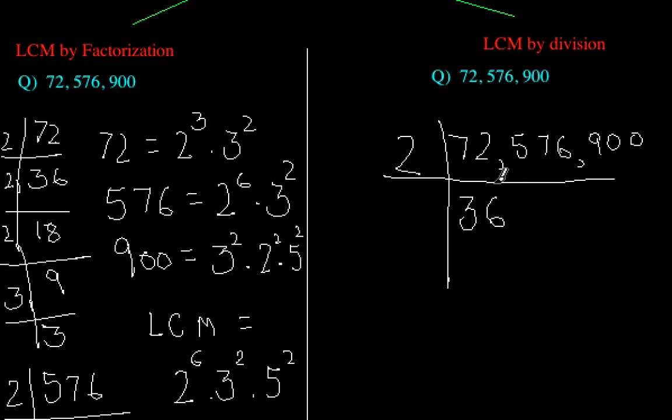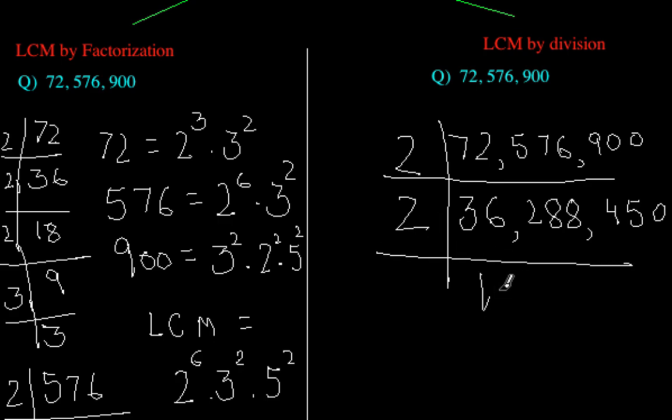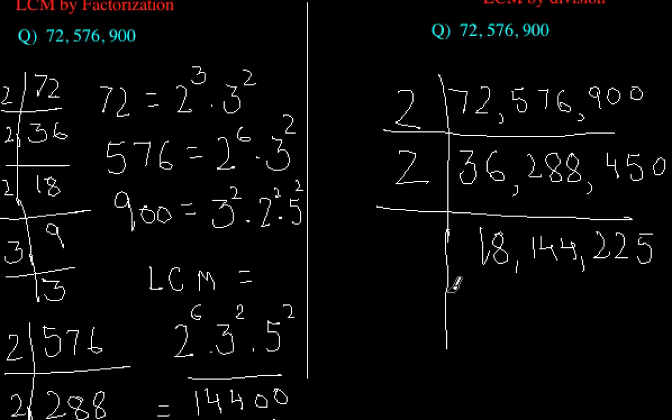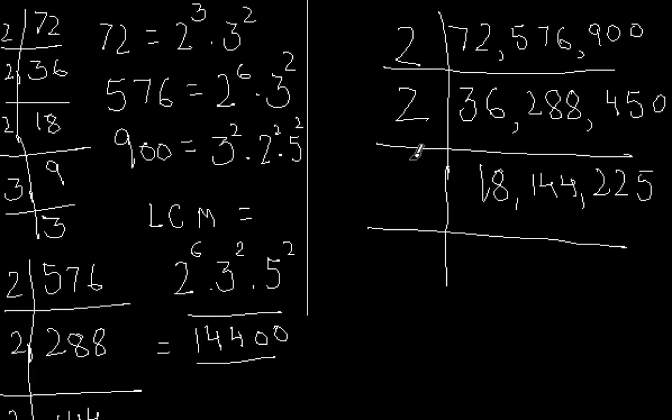So we divide 72 by 2, we get 36, 576, we get 288 and 450. Now it will again go by 2, we get 18, 144 and 225. Now we can still take 2 because at least two of the numbers are divisible by 2.